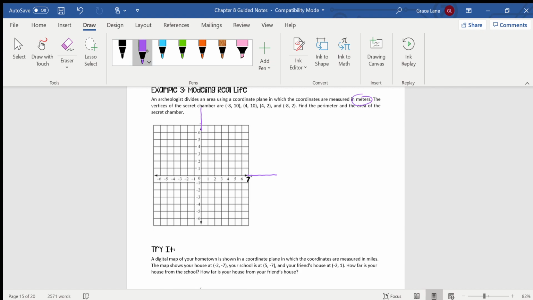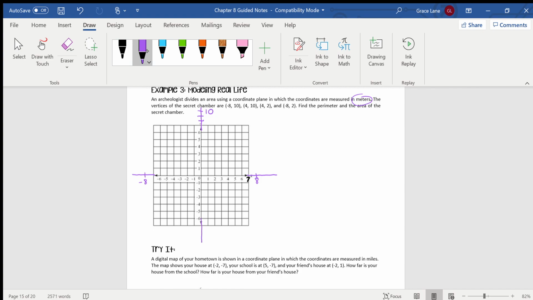So -8. Here is 8. Here's -8, and then we're going to go up to 10, so that's 7. And that's 10.